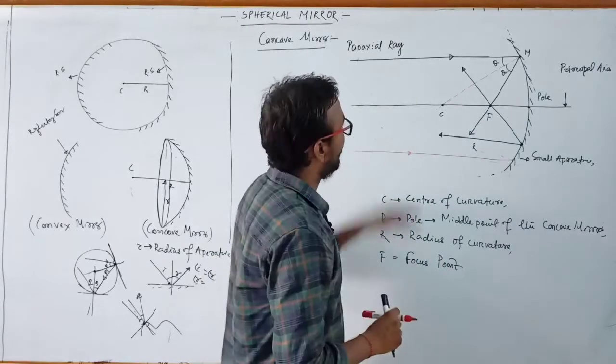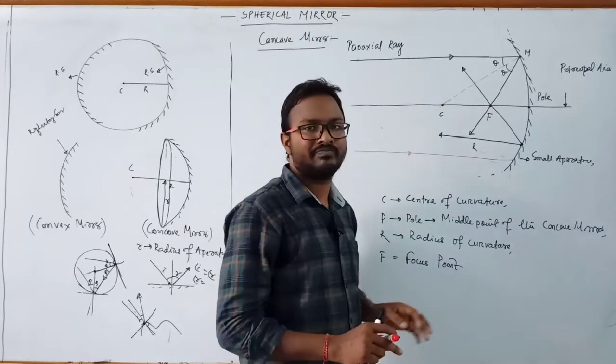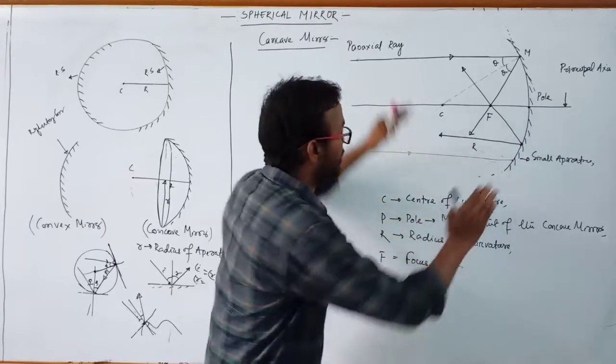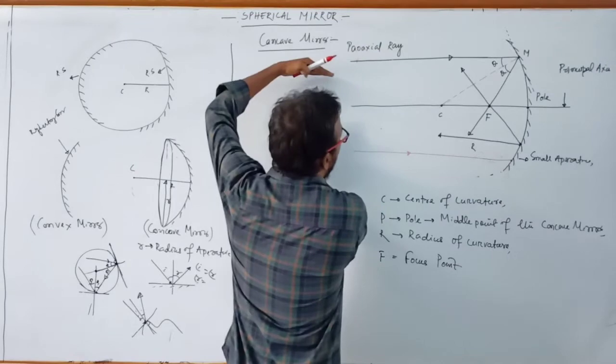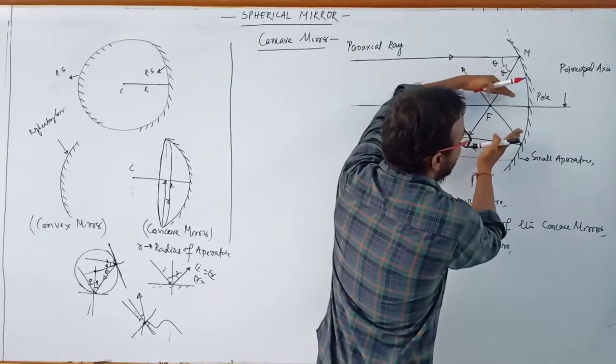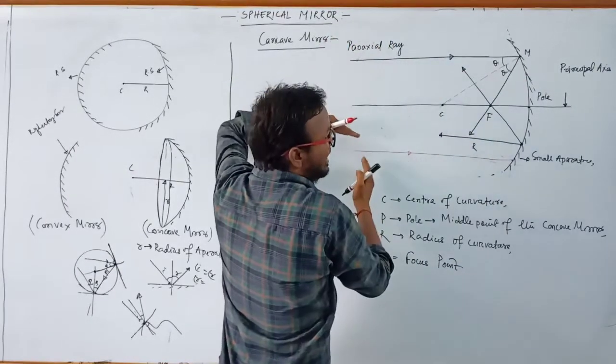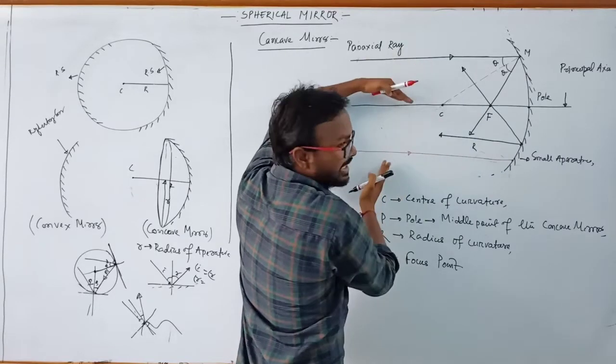The question may arise: can only 2 rays meet at that point? No. Suppose there are an infinite number of rays parallel to the principal axis and all rays are paraxial. Paraxial means very close to the principal axis.